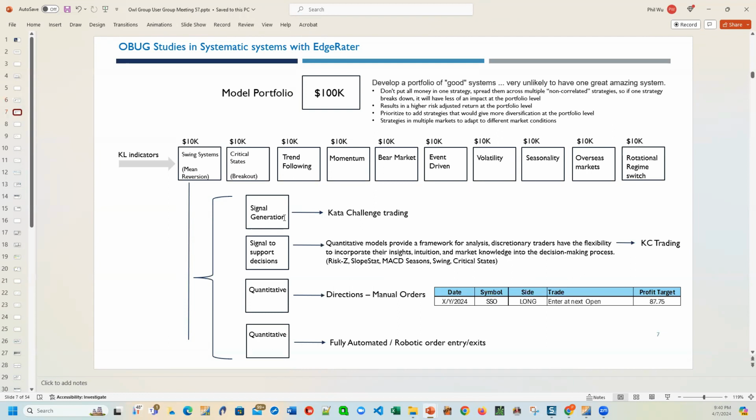For example, the 5DD does show an edge, and if you follow that edge and use it as a trigger for a symbol that's going to move, you can apply the kata challenge rules to it.